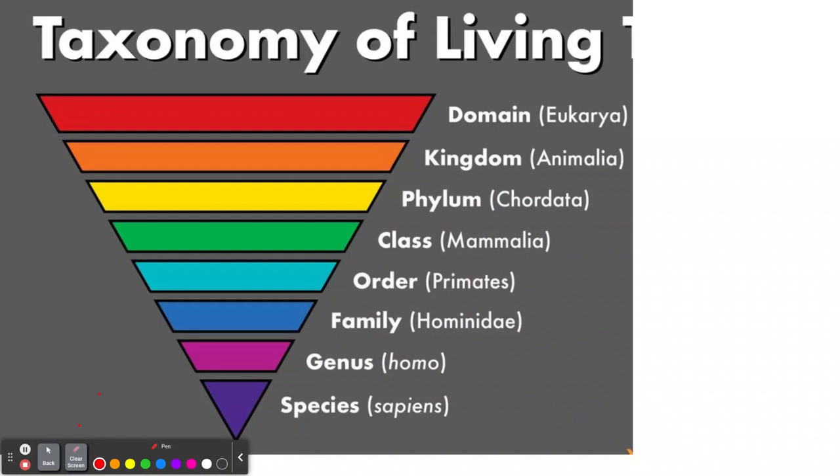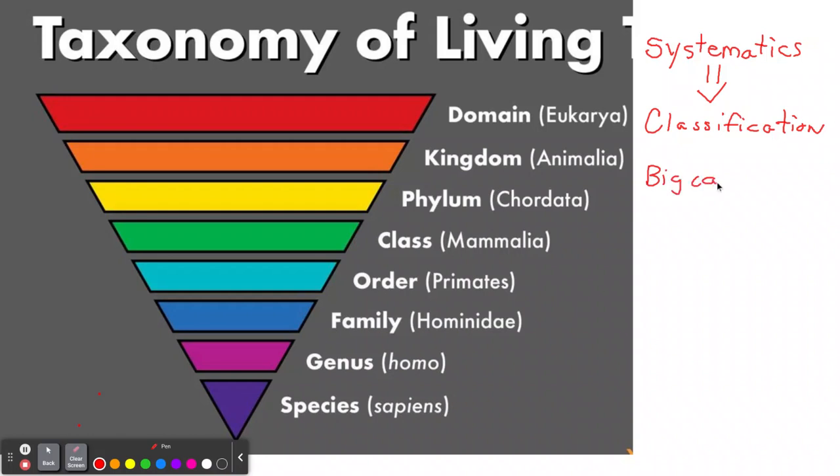And so with taxonomy and phylogeny, we're talking about, in biology, systematics. So I'll write it over here, systematics. And all systematics is classification. How can we classify animals? For example, like the big cats.